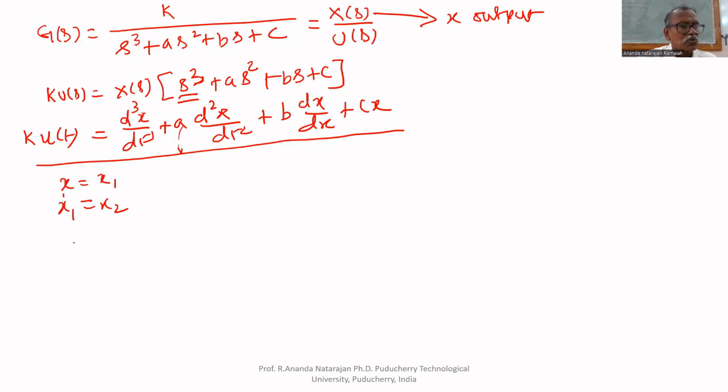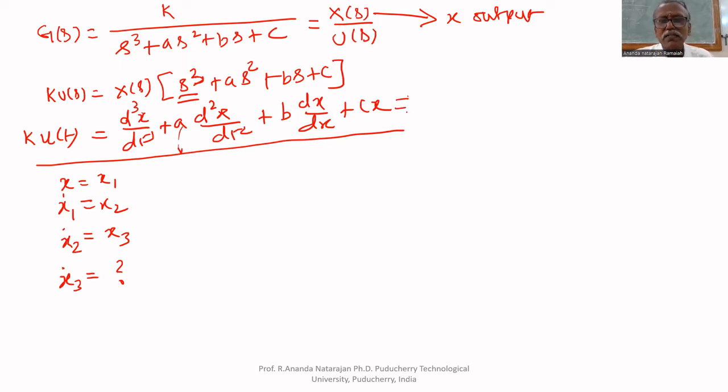Second state variable x2, x2 dot equal to x3. I am defining like that. x3 dot equal to question mark. Since it is third order, that's why I'm stopping here. Otherwise, I can write like this continuously.